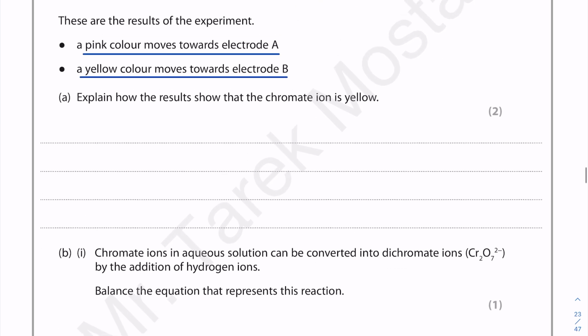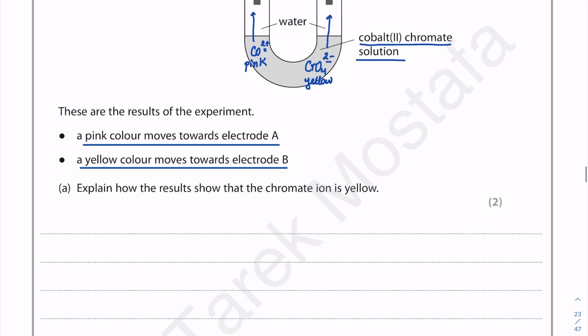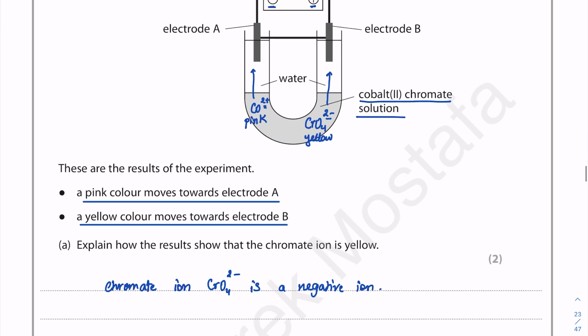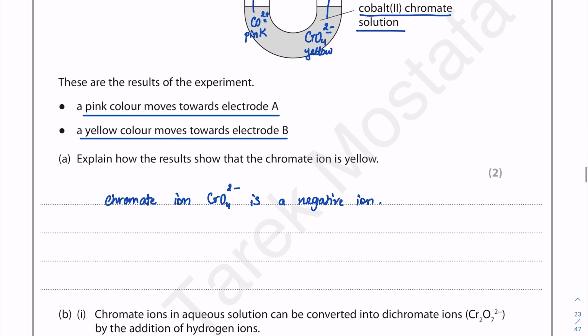Explain how the results show that chromate ion is yellow. So here we say that the chromate ion is negative. The chromate ion, CrO4 2-, is a negative ion, and therefore it moves towards electrode B, which is positively charged, connected to the positive pole of the power supply.